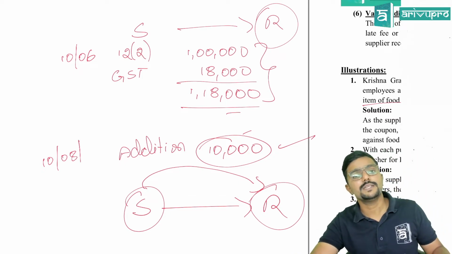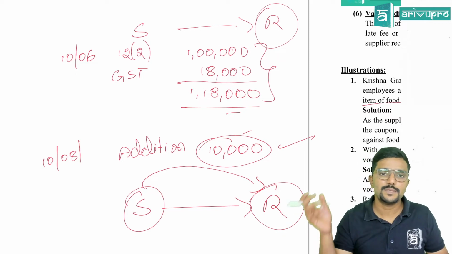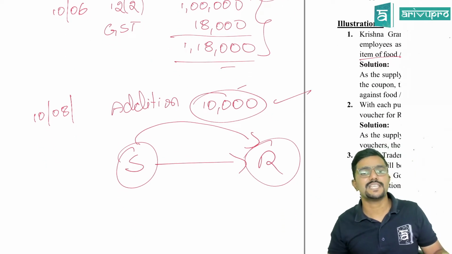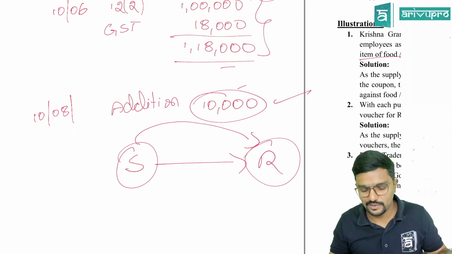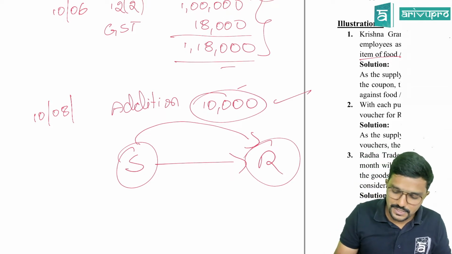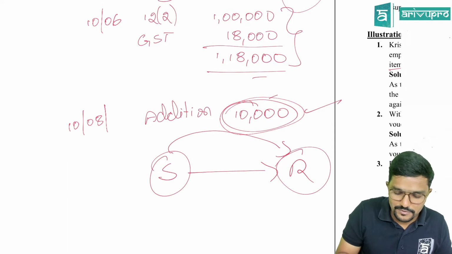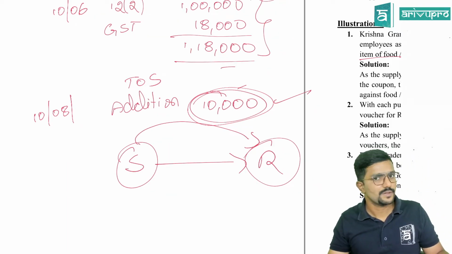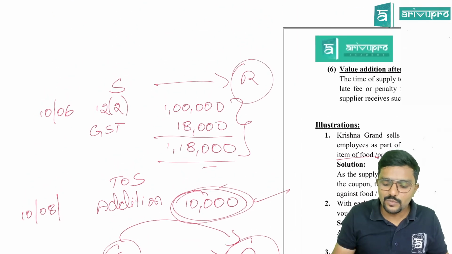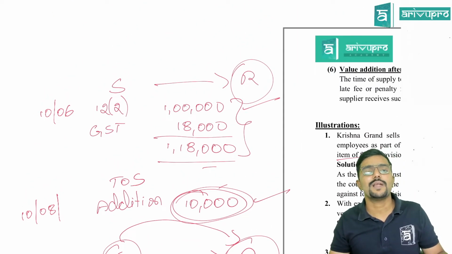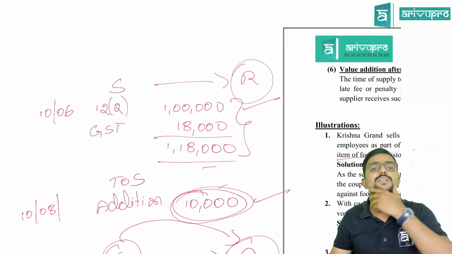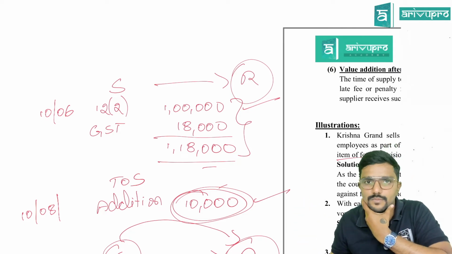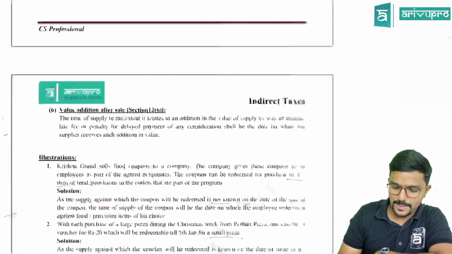So the recipient is paying 10,000 extra as delay charges, or penalty, interest, whatever you call it. So for this 10,000, the time of supply would be 10th August. Clear? Sir, what about this 1 lakh? What is the time of supply? It will be as per section 12.2: date of invoice or due date of invoice, guys. Clear? Yes.